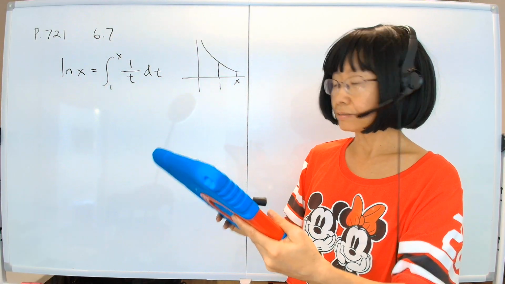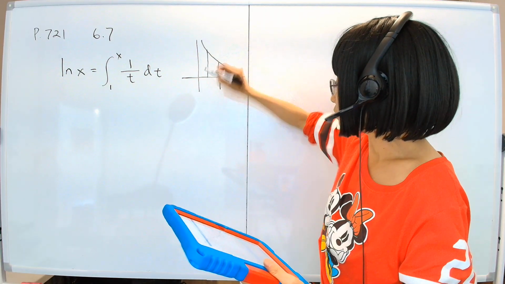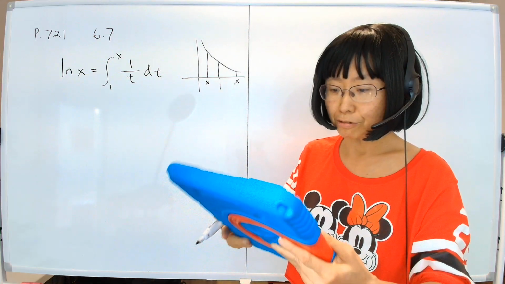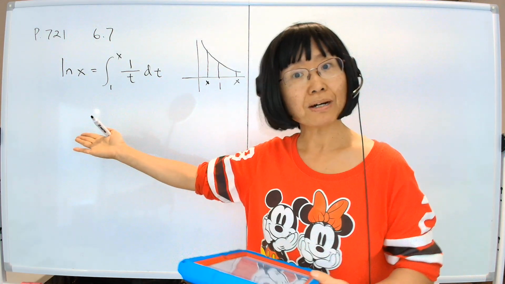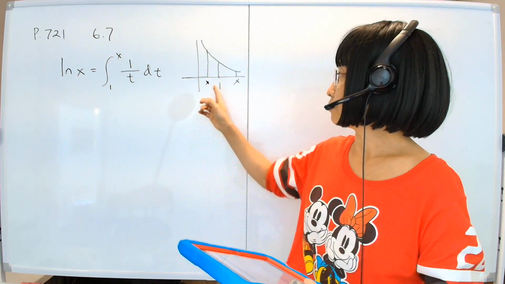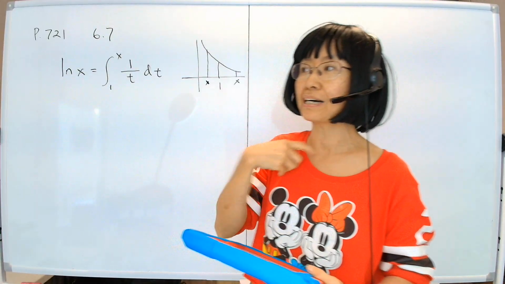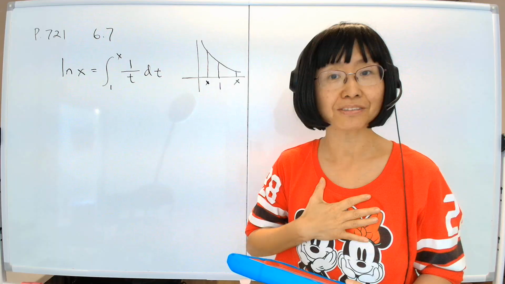So if x is over here, then the number will be negative, which corresponds to our own understanding that the natural log of a number that's less than 1 is negative. So you are confirming in your head that their natural log is identical to the Earth version.